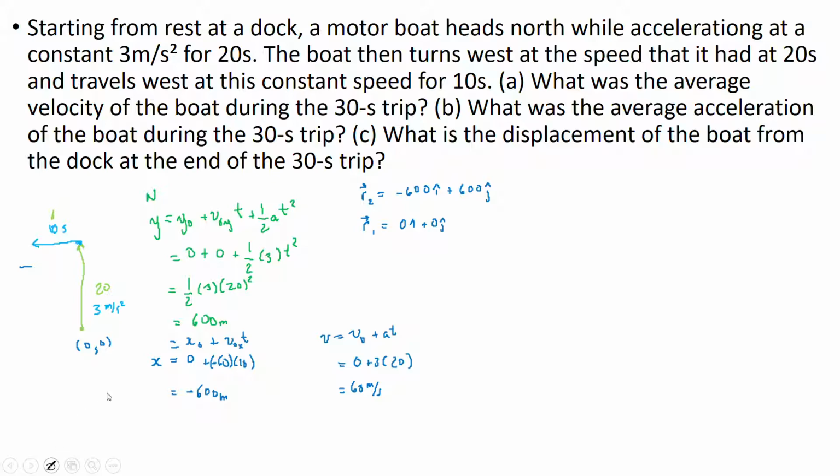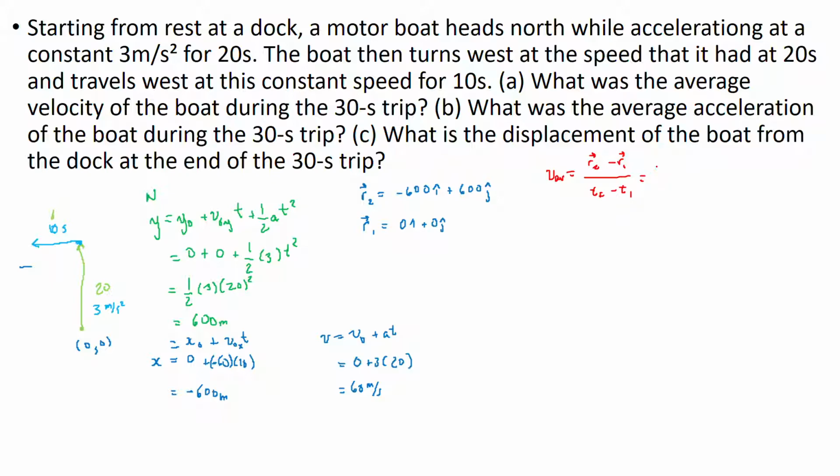Let me turn to red. There we go. So here we are. The average velocity, we know it's R2 minus R1 as a vector, all over final time minus initial time.